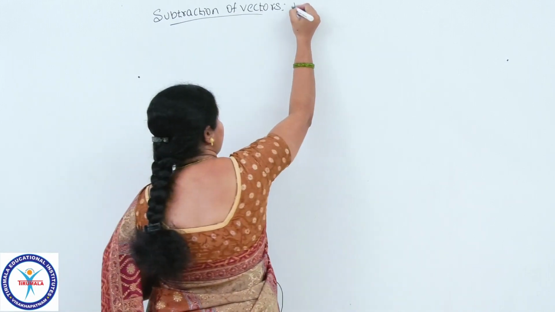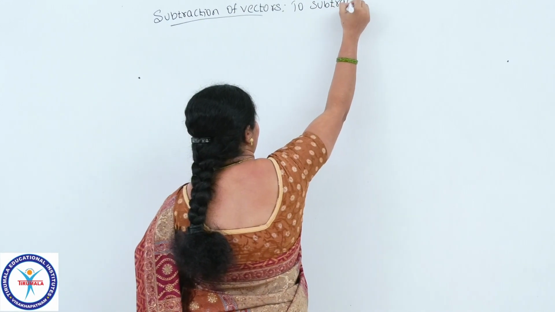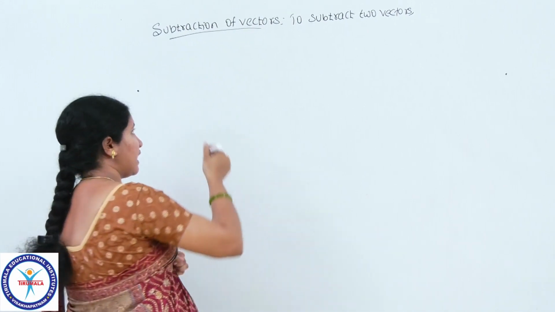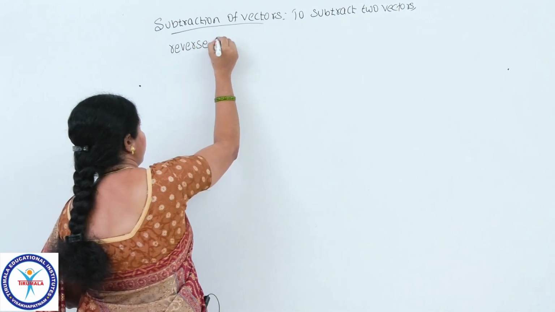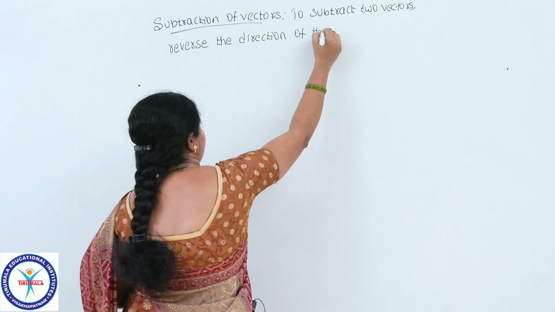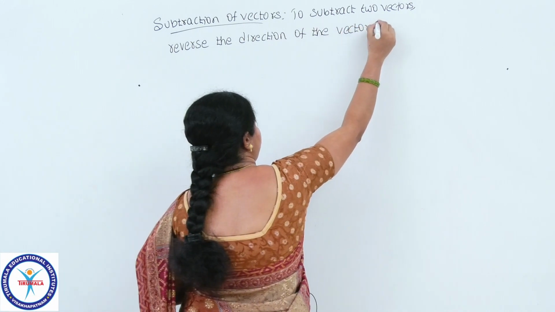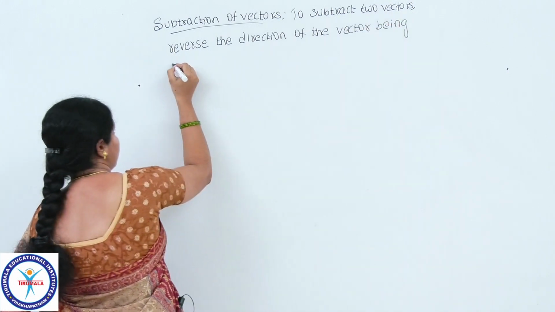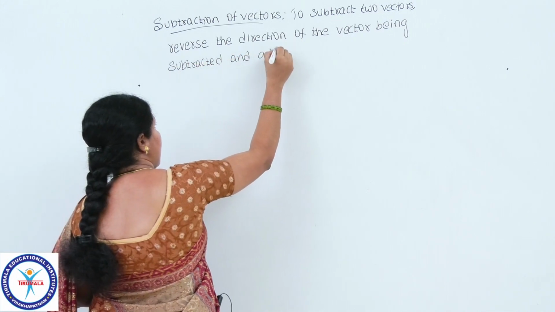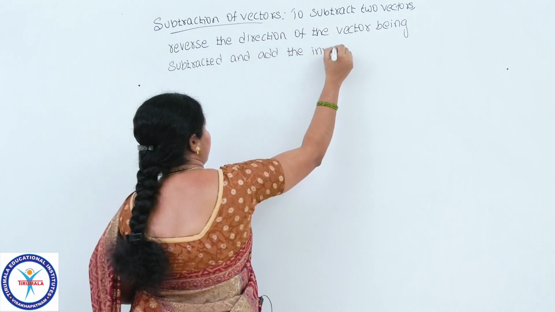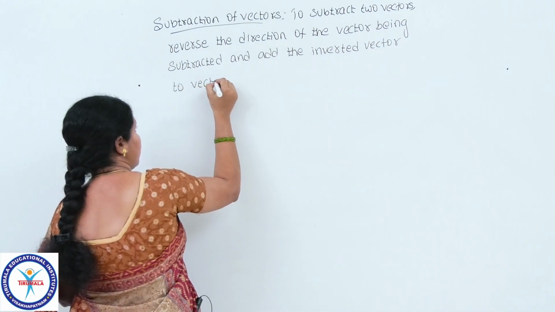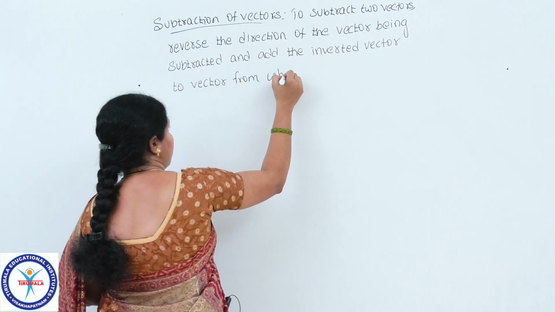To subtract two vectors, first we need to reverse the direction of the vector being subtracted and add the inverted vector to the vector from which you are subtracting.